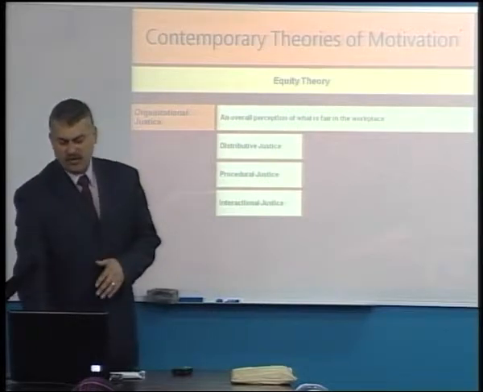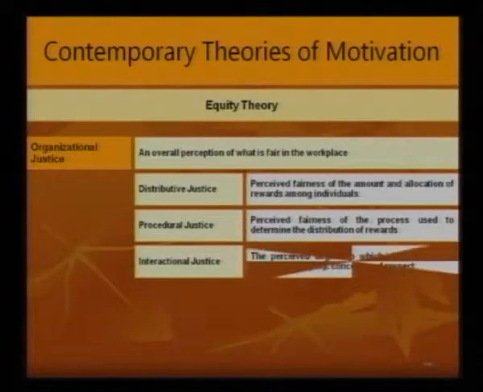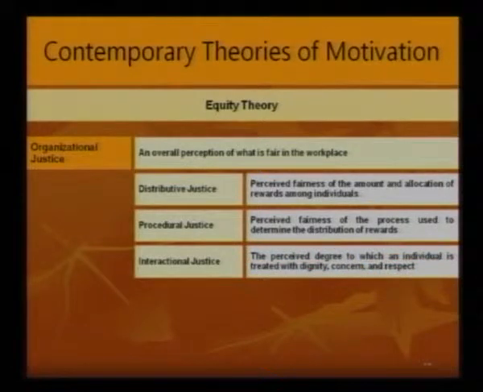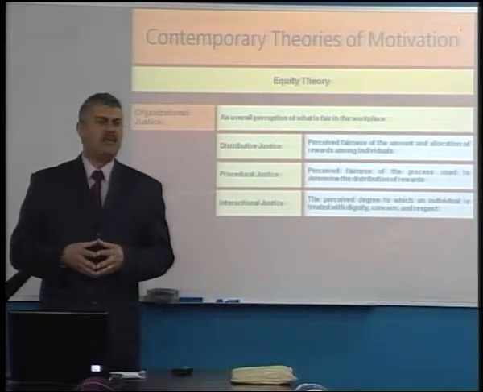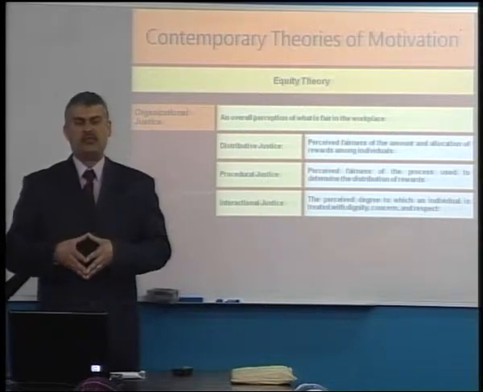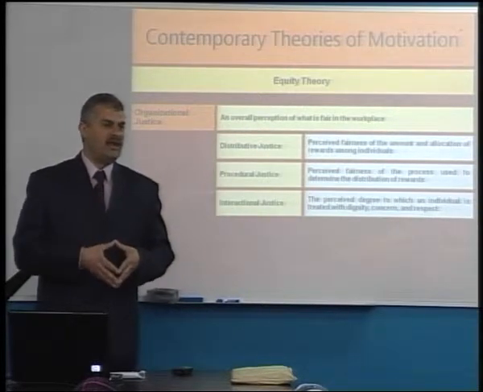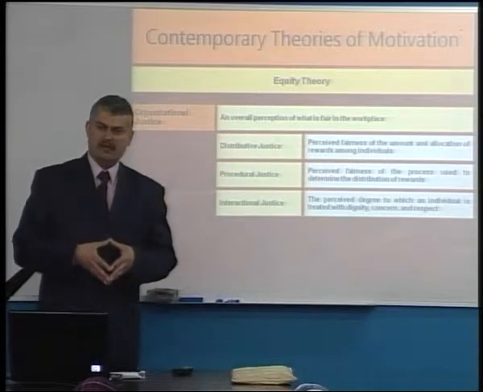This we call interactional justice. All three are going to guide employees to judge whether there is organizational justice or not. Sometimes, again, we are talking about overall perception. Maybe the employees are going to find that there is justice in two of those dimensions, and maybe in the third one there is no justice.